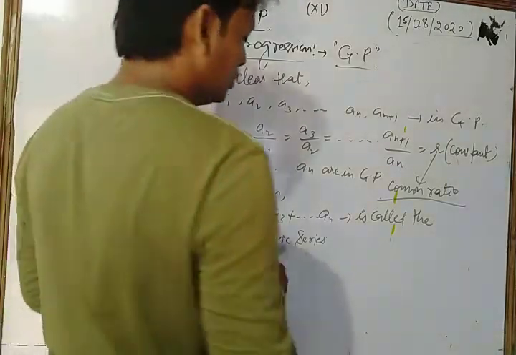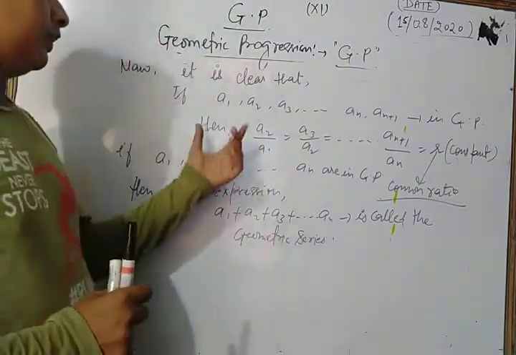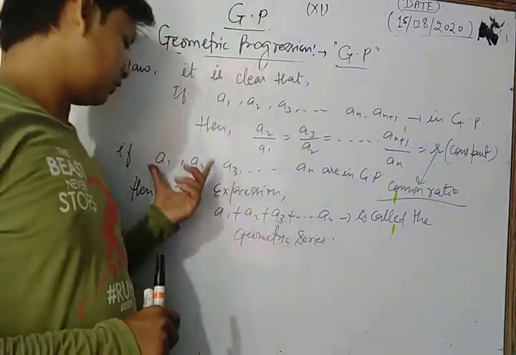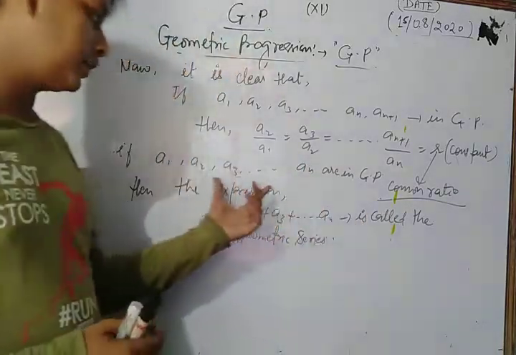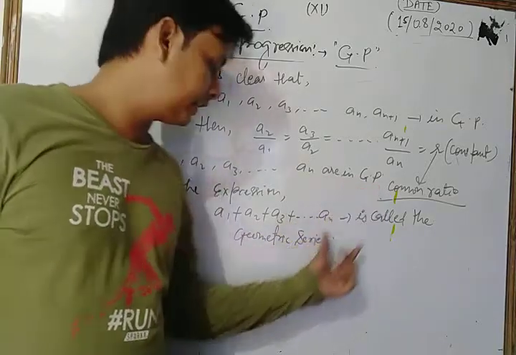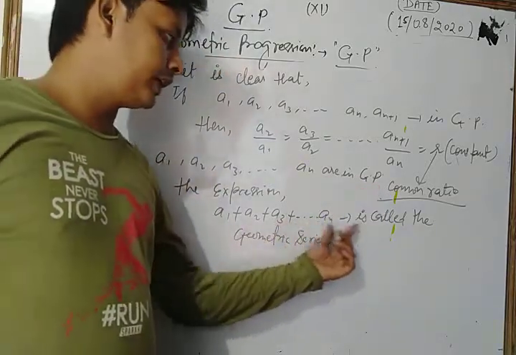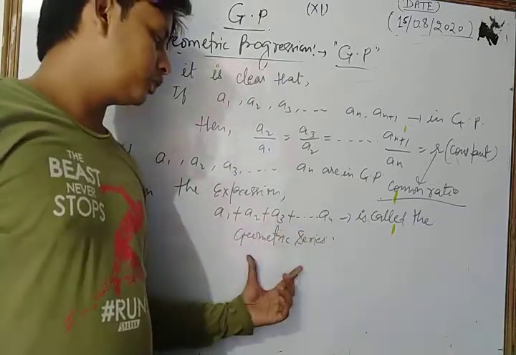So it is clear what the difference is between a sequence and a series in a GP. The expression with plus or minus signs is called the geometric series.